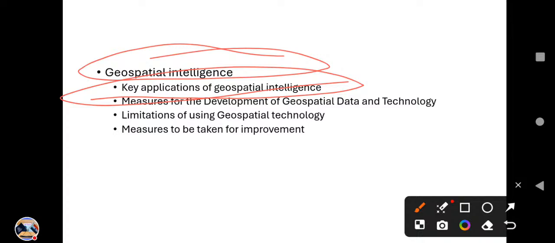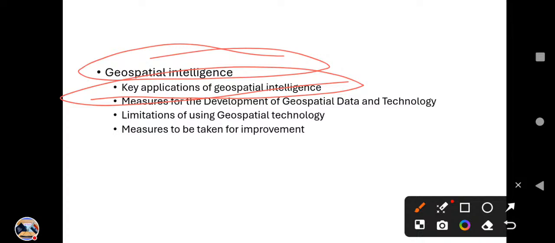So these are some applications of geospatial intelligence. And the Government of India is also creating a policy named the National Geospatial Policy 2022. The Ministry of Science and Technology has notified this policy.